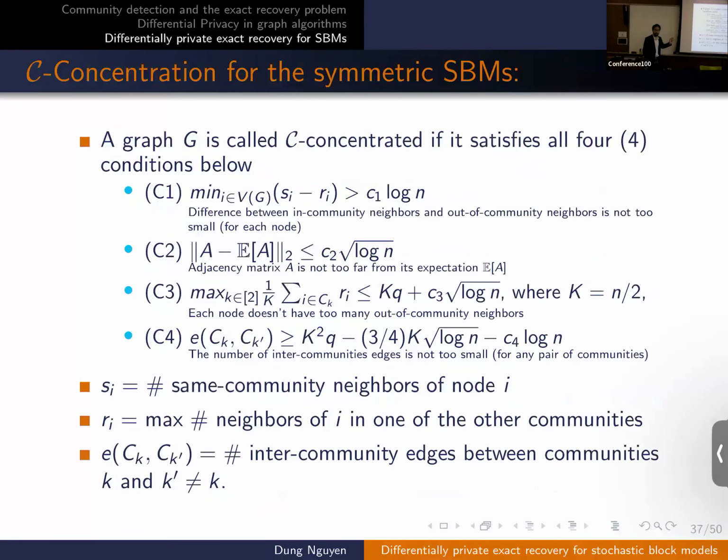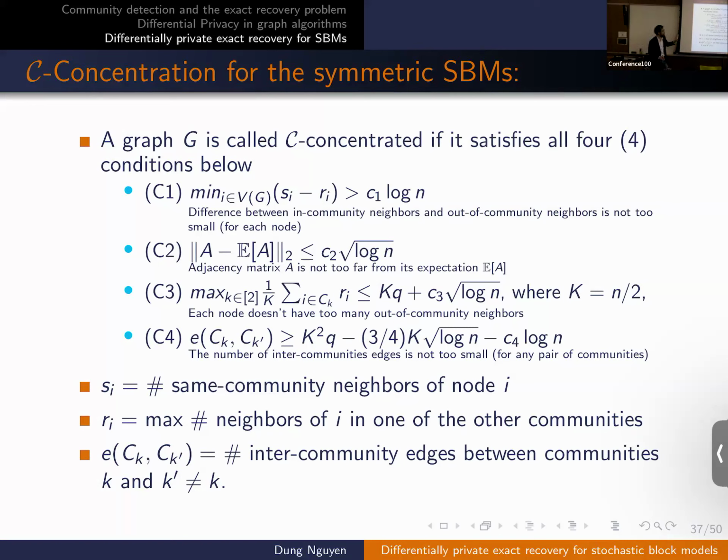Okay, so this is how we formalize C-concentration. For example, in C1, we define Si as the number of in-community neighbors of a node i, and Ri as the number of out-community neighbors of a node i. All the statements here are designed in a way that they can be extended to multiple communities.